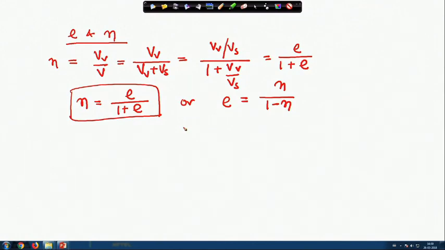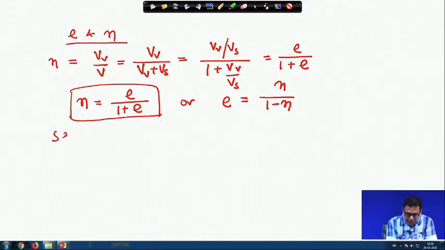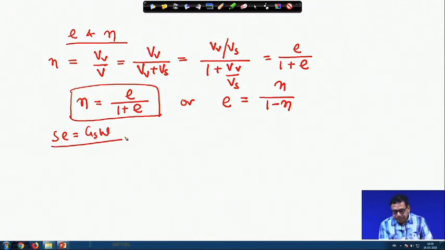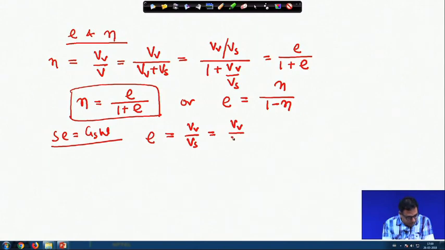Now, the next relationship that we are talking about, that is how S e equal to G_s w is coming. So, we know that e, void ratio, is equal to volume of voids divided by volume of solid. So, we can write volume of voids divided by volume of water into volume of water divided by volume of solid.